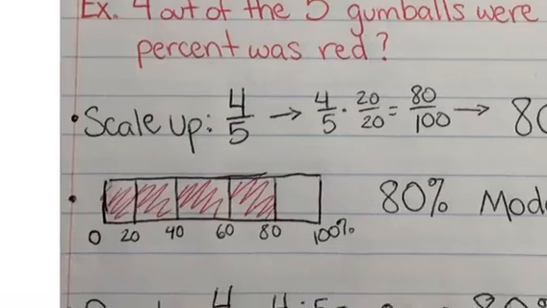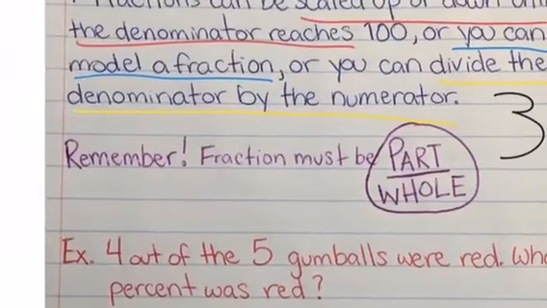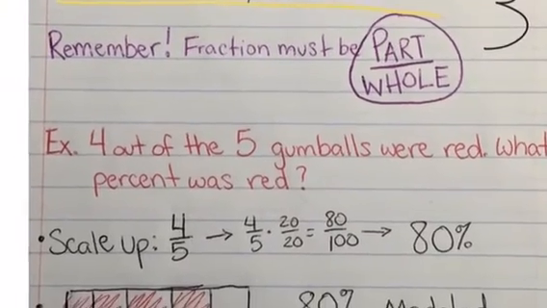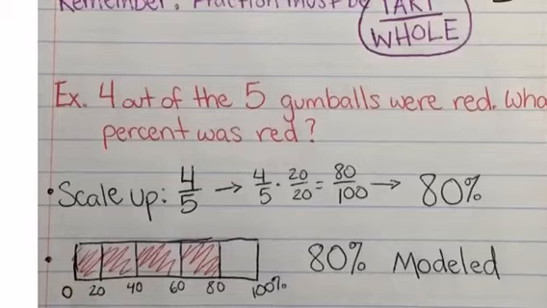Now next, we have our second technique, which is you can model a fraction. So if our fraction is 4/5, like we said before, the fifths is the whole.